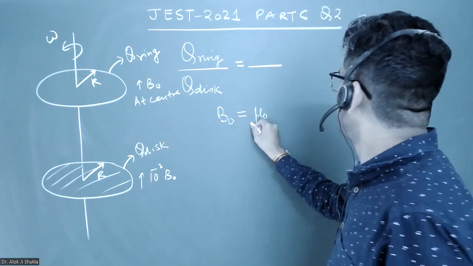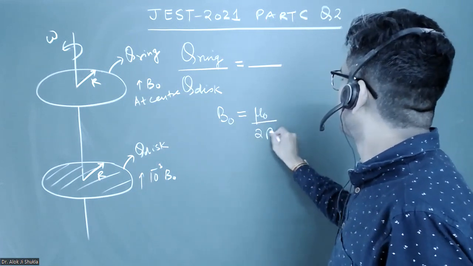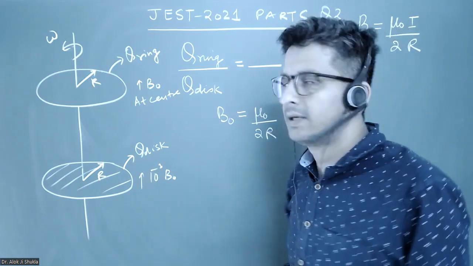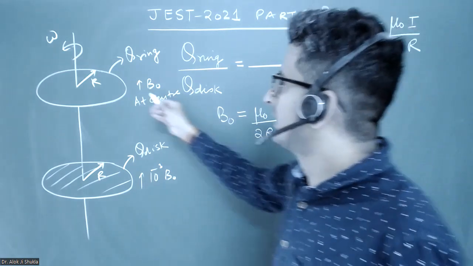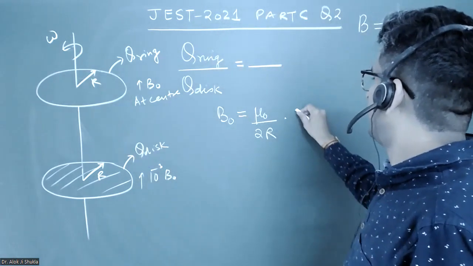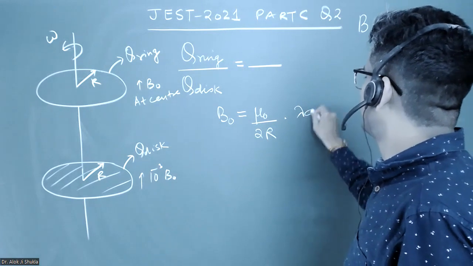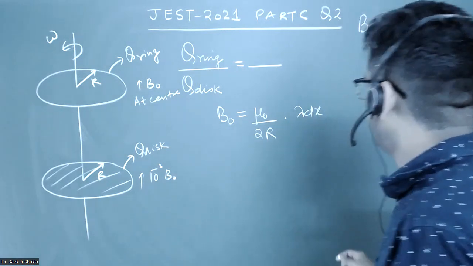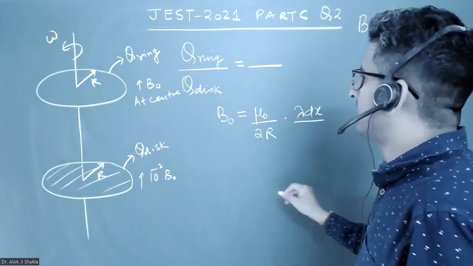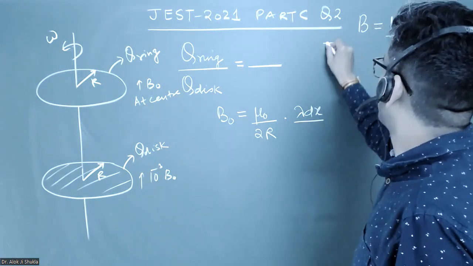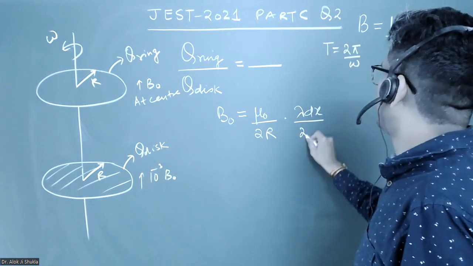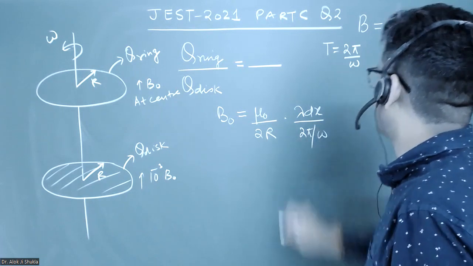If I consider lambda to be the charge density, then lambda dx is the charge, and the time period is T equal to 2 pi by omega.